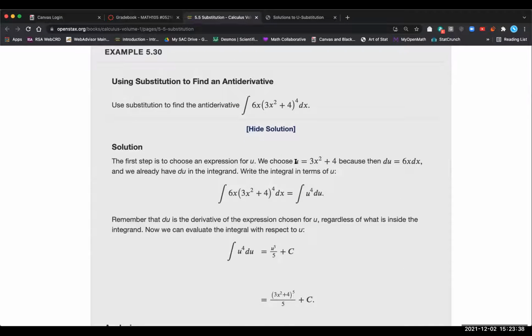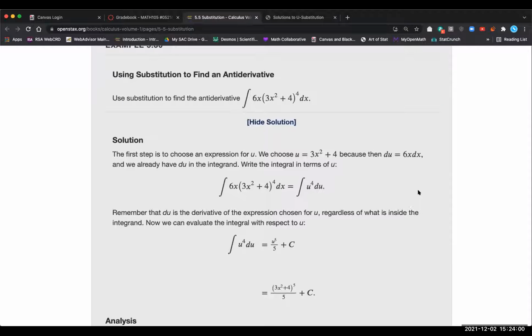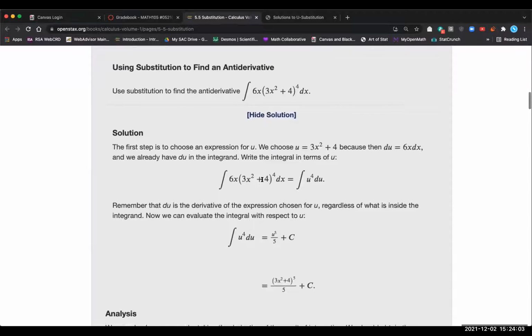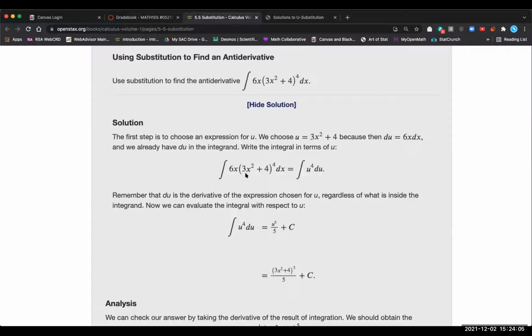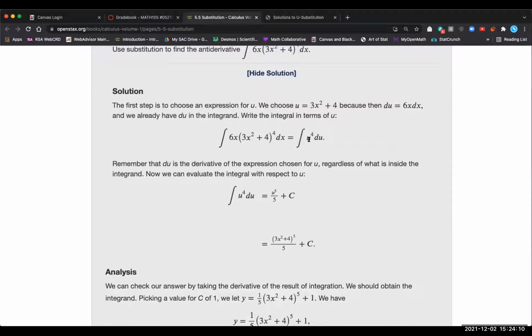You can use any variable, but u is the common variable we use. It's called u substitution. Let u equal 3x squared plus 4, and then the derivative, du, is 6x times dx. So that's the idea that we've used previously in taking implicit derivatives. And so then this expression right here becomes this here. Those are equivalent expressions with the u substitution.